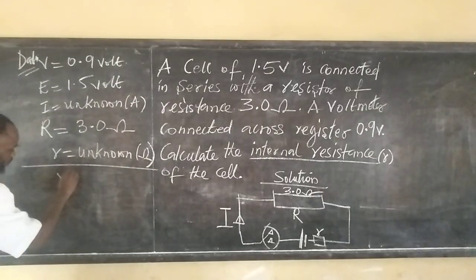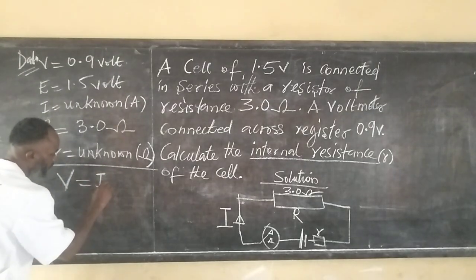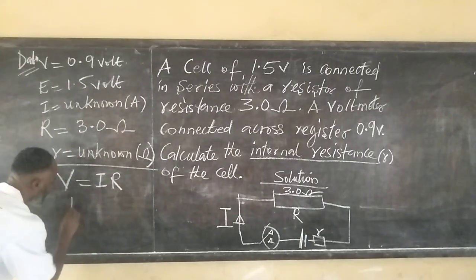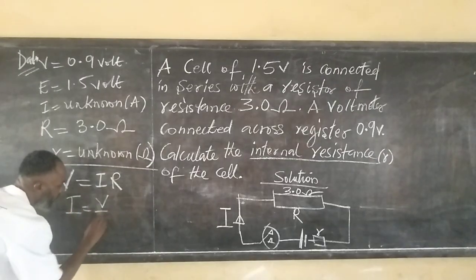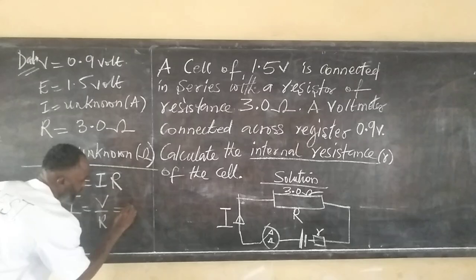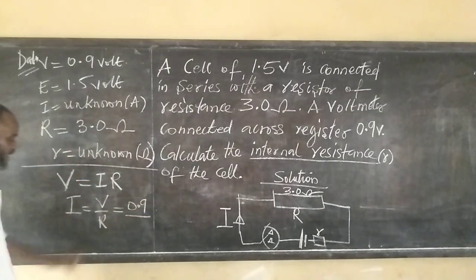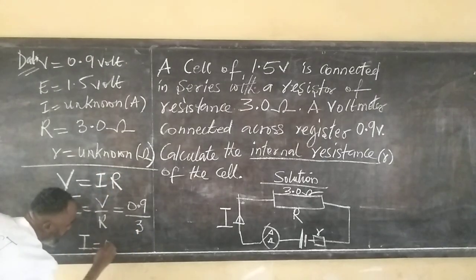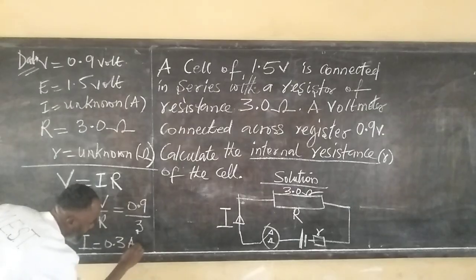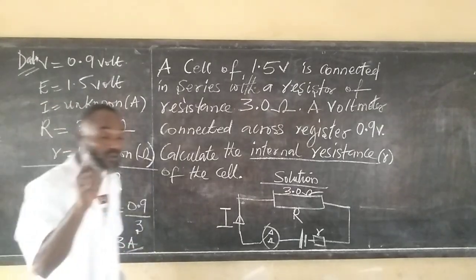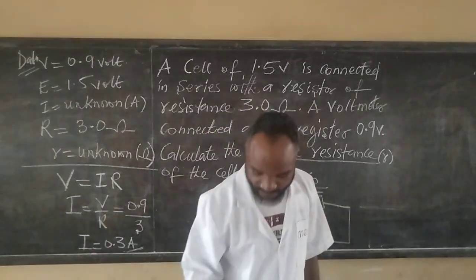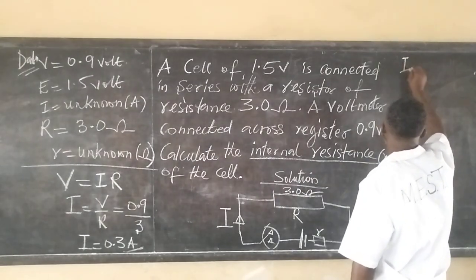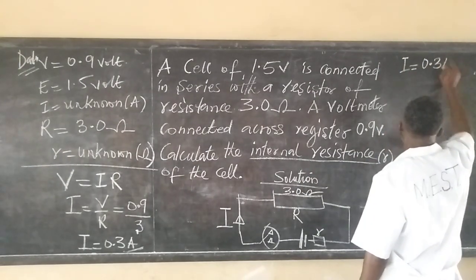We start by stating Ohm's law: V equals I times R. If we make current the subject, I is equal to V over R. V here is 0.9 and R is 3, so I is equal to 0.3 amps.